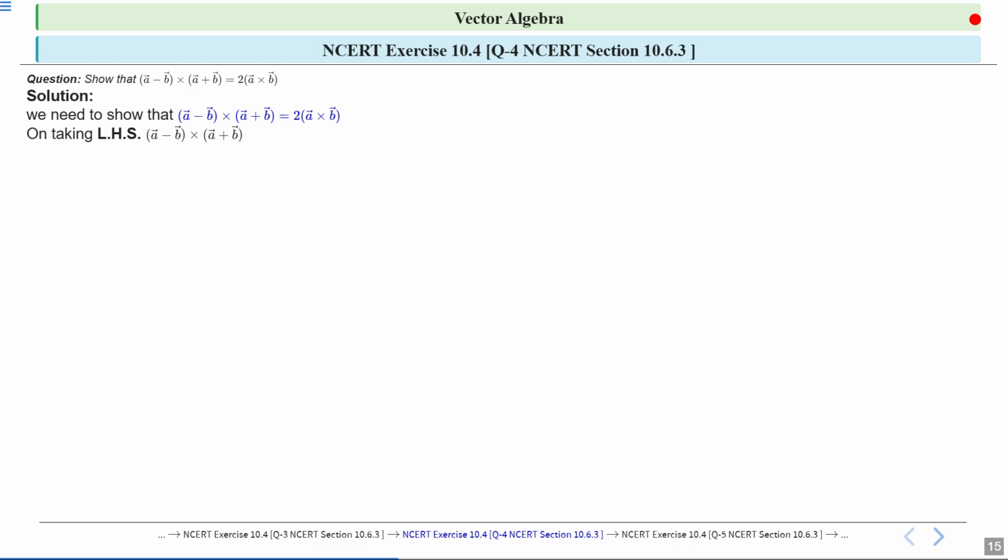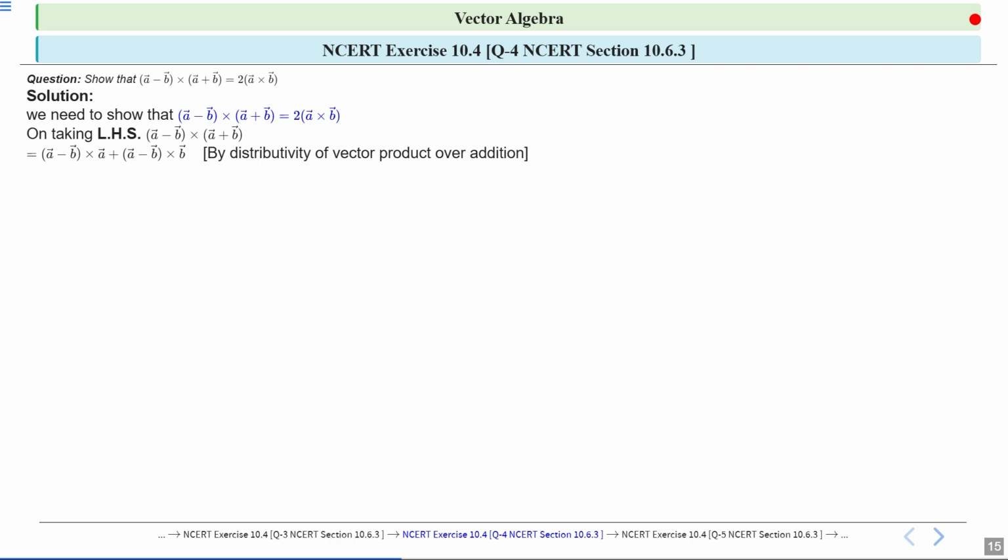Now, the first step of the solution is taking the LHS, A vector minus B vector cross A vector plus B vector, which is equal to A vector minus B vector cross A vector plus A vector minus B vector cross B vector, by distributivity of the vector product over addition, right?